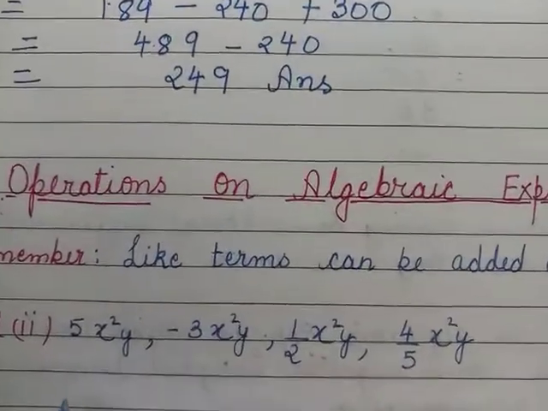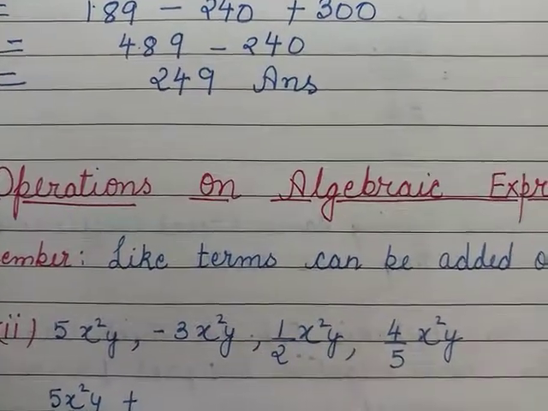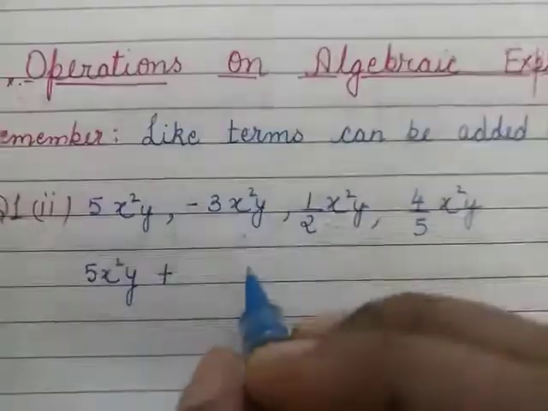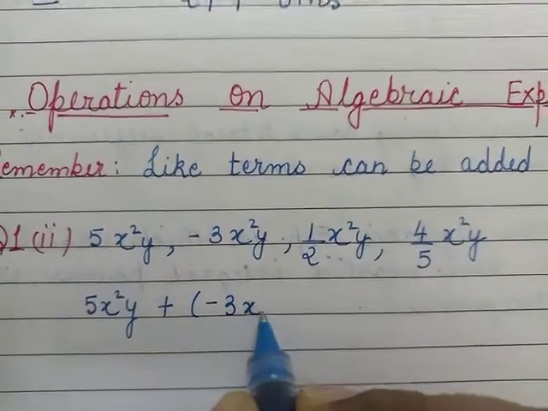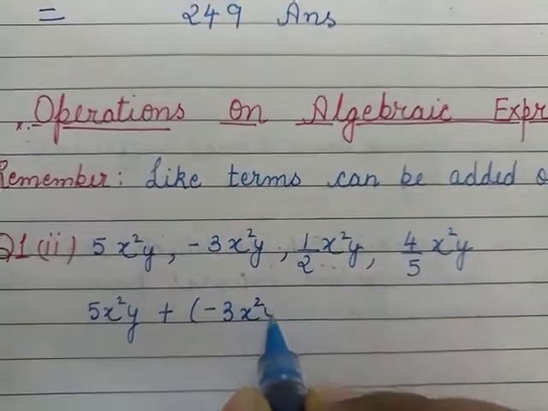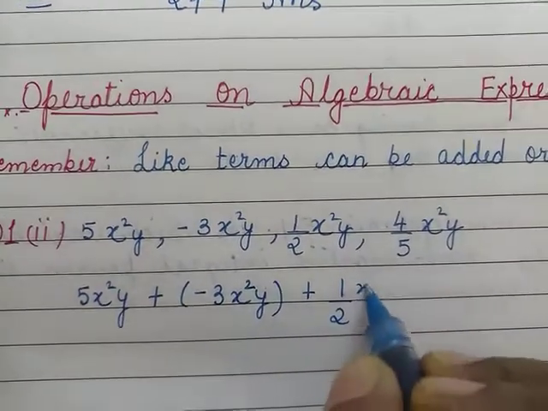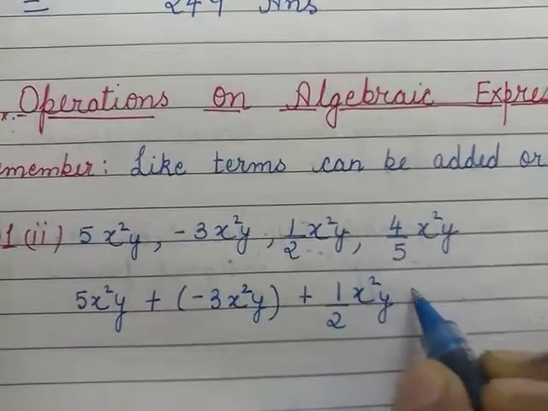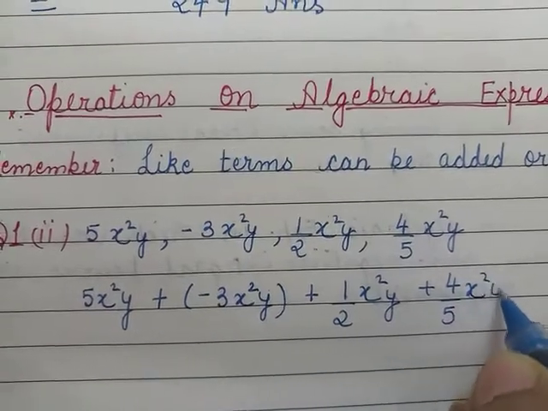So we write 5x square y plus, as it is negative here, so we write it in the bracket, minus 3x square y, then plus half x square y, and then plus 4 by 5 x square y.